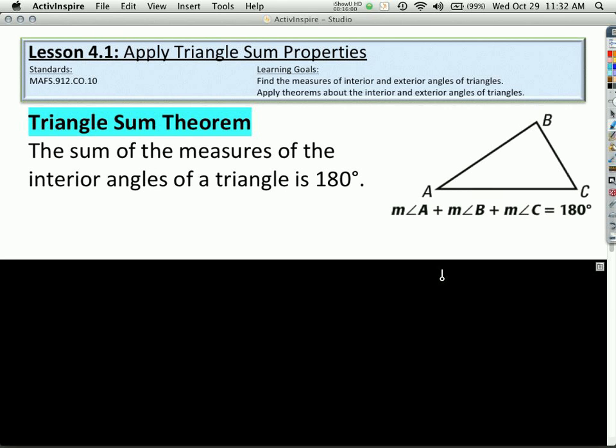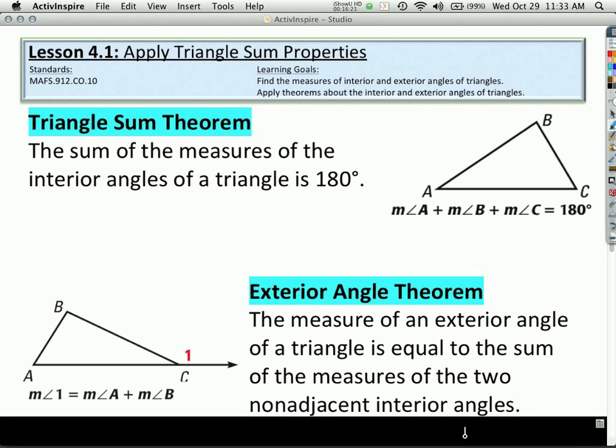You just knew that the angles of a triangle always add up to 180. But now you're seeing it in its real form, the theorem. So the triangle sum theorem will be used a lot. We also have some new things. So again, that was something you already knew.